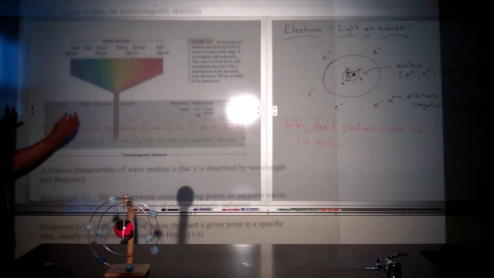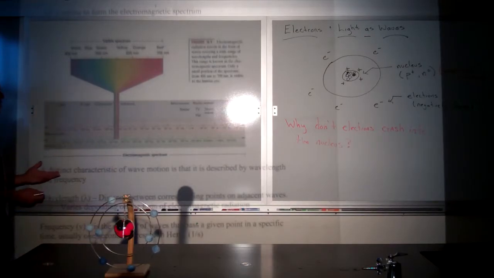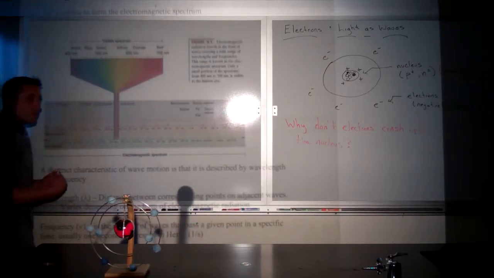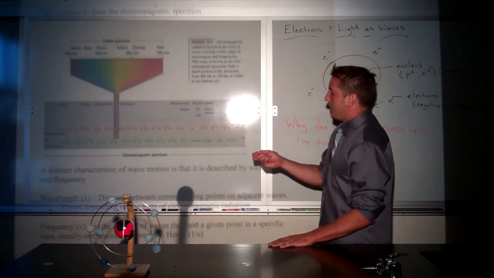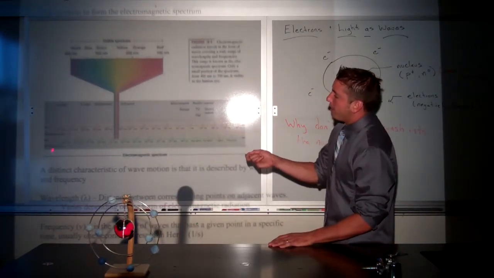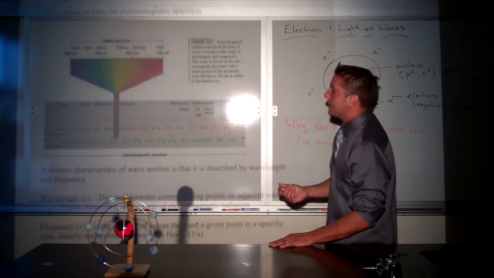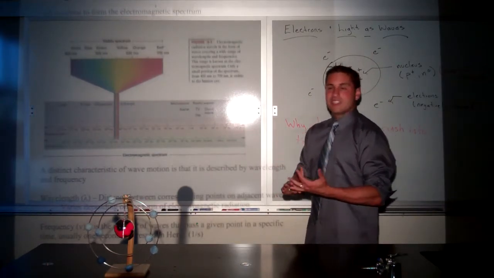It is part of a larger thing. If we were to include the other forms that we were talking about, you'll find the visible spectrum lies somewhere close to the center. If we take a look at the spectrum, it compares two properties that we will discuss about waves: frequency and wavelength.